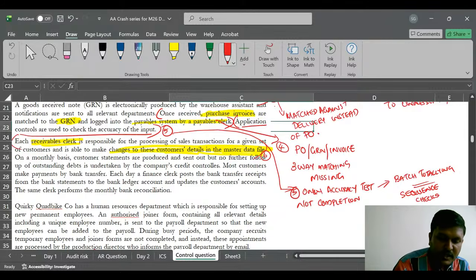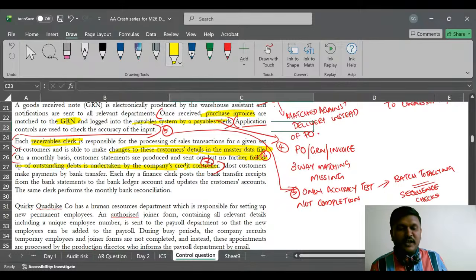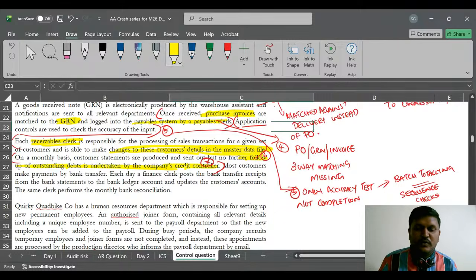Now, going for the 7th one, again it's a particular problem: follow-up of outstanding debts is not undertaken. Bad debts will increase, and we will be losing cash flows in the future. So this could be another thing.